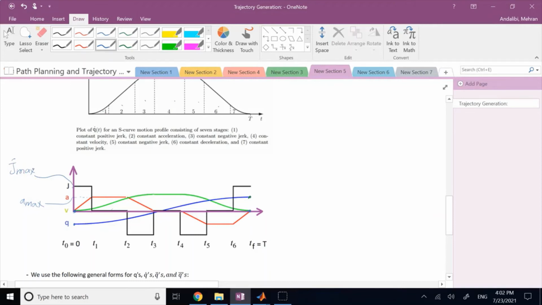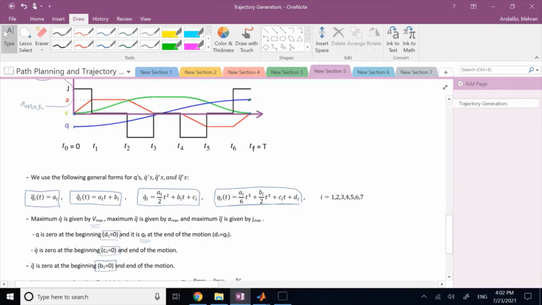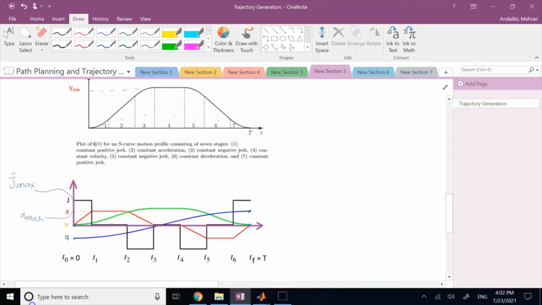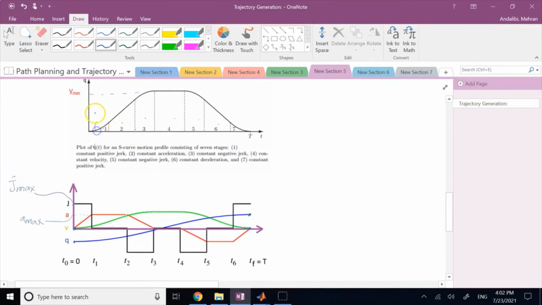Okay, so here you choose the 3 parameters, Amax, Jmax, and Vmax. Based on that, you can easily find the criteria for each one of the Qs. In general, here you have 7 Qs: Q1, Q2, Q3, Q4, Q5, Q6, and Q7.